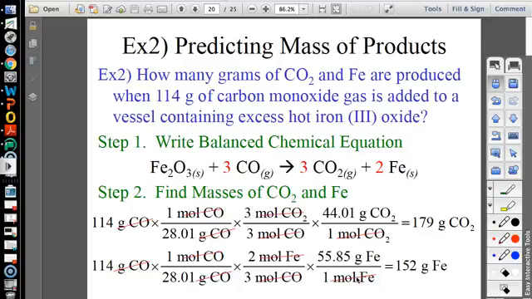So I see a couple people still working on the iron. That's fine. If you're finished, you can go ahead and start looking at the next question. Remember, bicarbonate has a hydrogen in it. That's the difference between carbonate and bicarbonate.